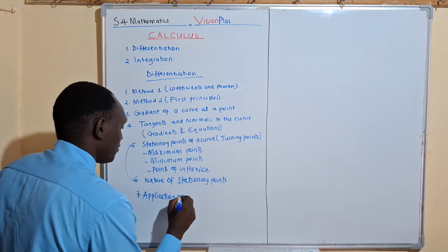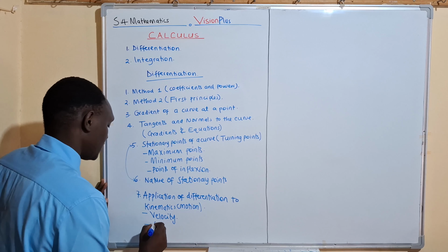You can say differentiation or differentiation. Applications of differentiation to kinematics. Remember, kinematics is concerned with motion. This is a sort of motion. And under this application, one, we shall look at calculation of velocity.